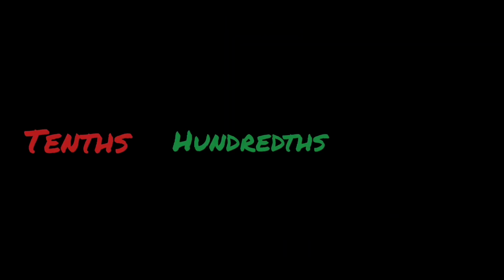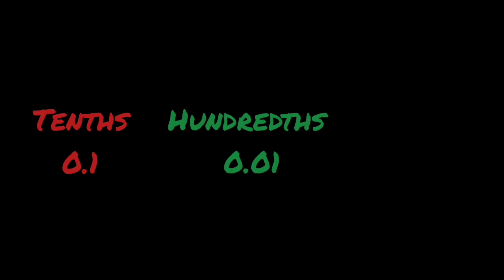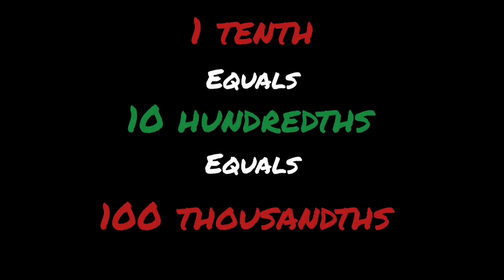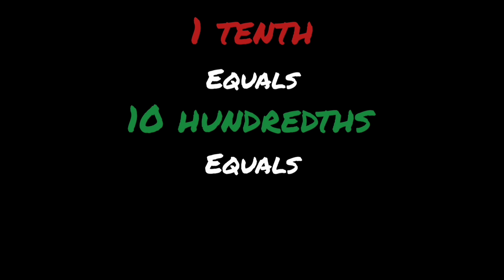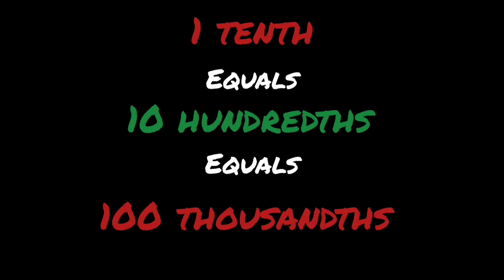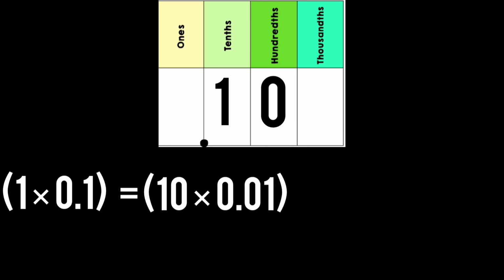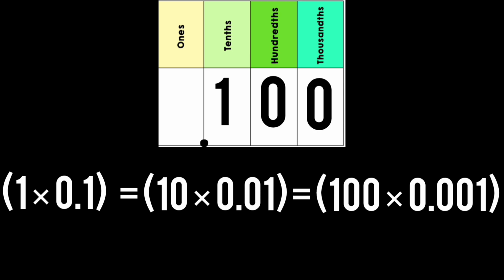Tens, hundreds, thousands, to the right, placement value. 110 equals 10 hundreds equals 100,000. Yeah, we getting money.